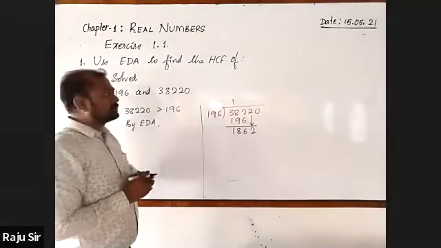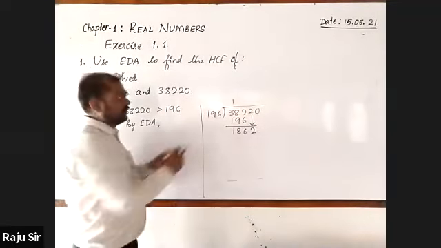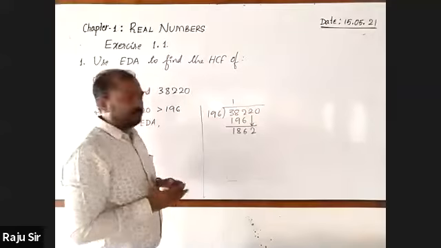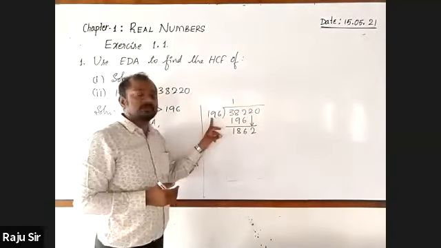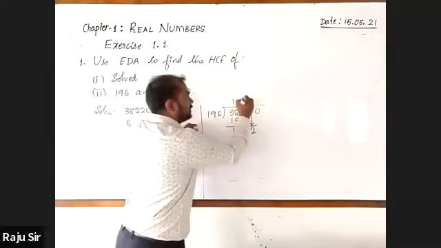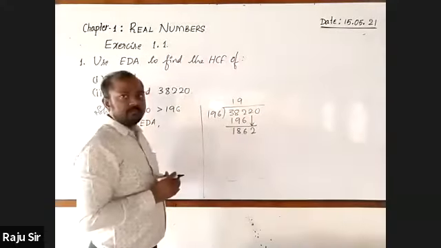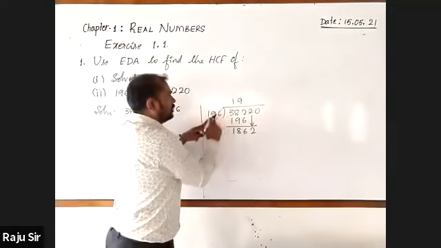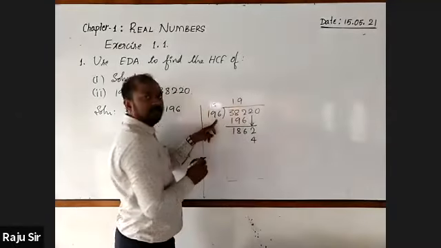Now it is 1,862. Observe here, 196 tens are 1,960. 196 nines are close to it, so 9s it is. Hence we can write 196 nines. 9 6s are 54, 5 is the carry.